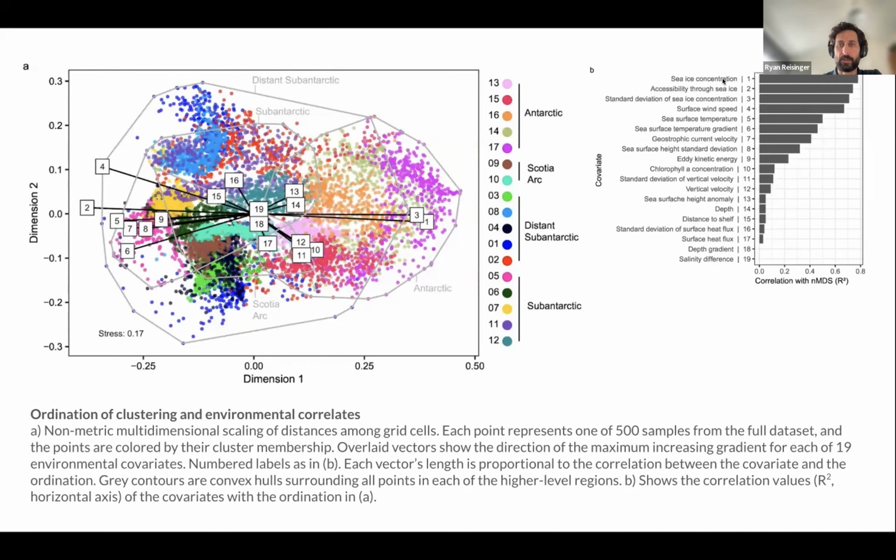A higher correlation means that environmental covariate plays an important role in separating out the clusters. If we look at the most important one, sea ice concentration, we can see that it's associated, as we expect, with the set of Antarctic clusters. Taking another example in the other direction, sea ice accessibility or surface wind speed is associated with clusters in the other direction.